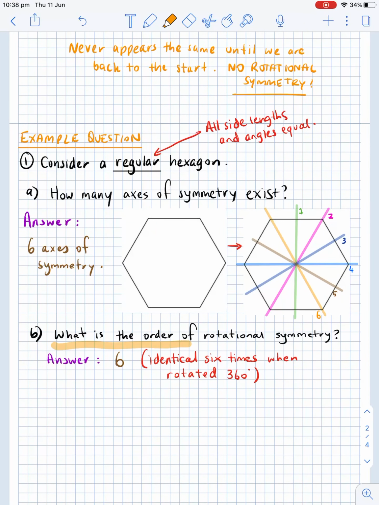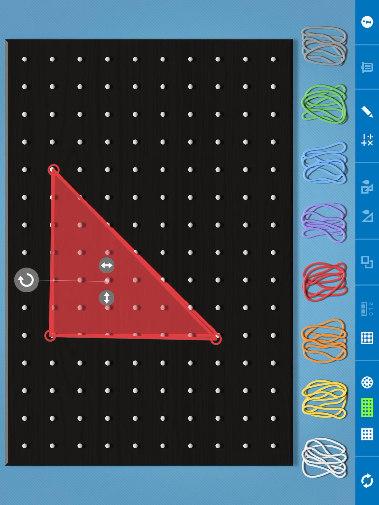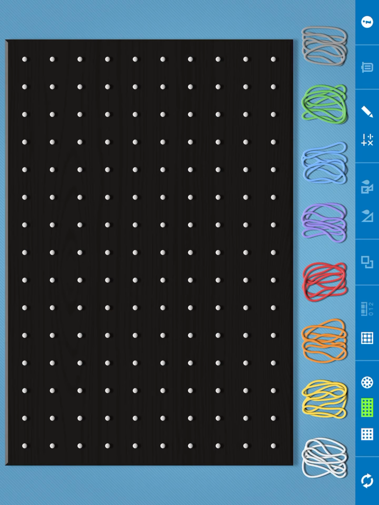Next up, what is the order of rotational symmetry? That means you need to be rotating this shape around the center. I can make this in the program again. So I'm going to make a hexagon.